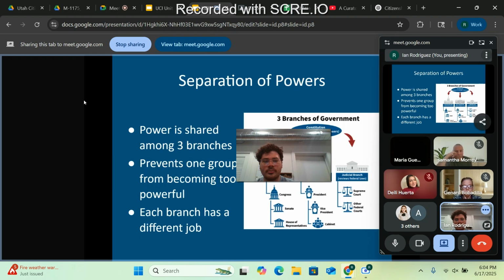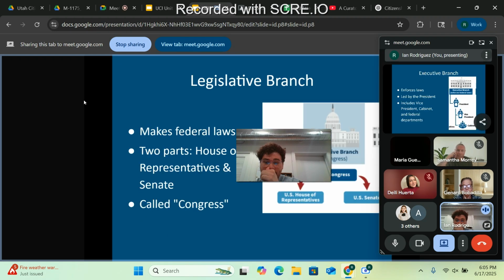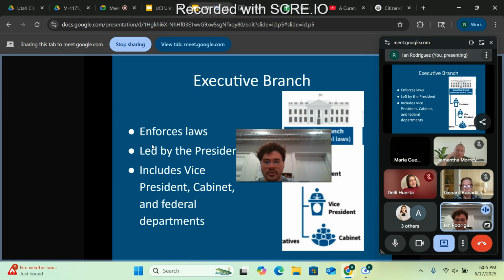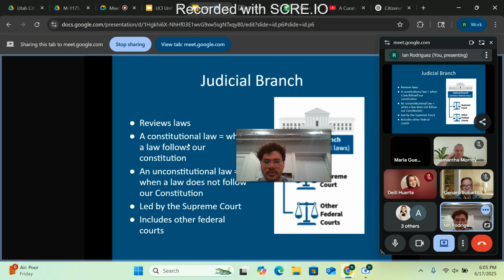Then we talked a little bit about the concept of separation of powers. So, not one branch does everything. I used this example on Thursday: a lot of people, when they take this class, think that the president makes laws, enforces laws, and reviews laws. They think the president is the person that does everything in the government.